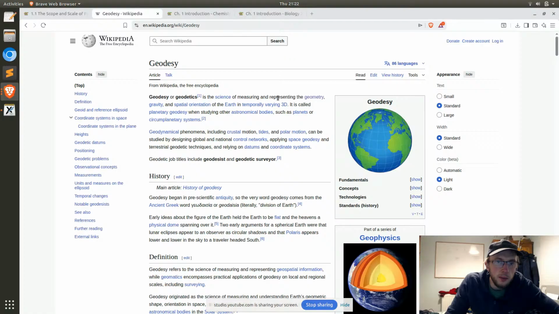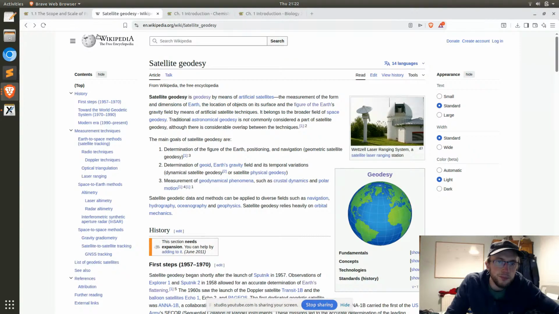All right, so in plain words, I think it's about just modeling the shape of the Earth and how to get from point A to point B in an efficient way. I would say so. And then satellite geodesy is using satellites to do that.